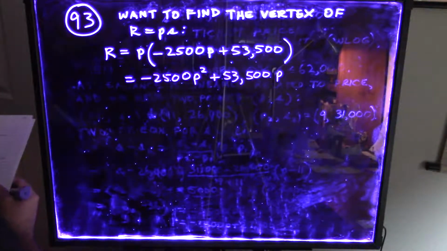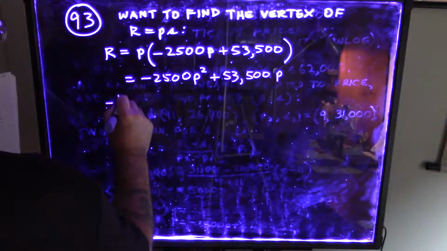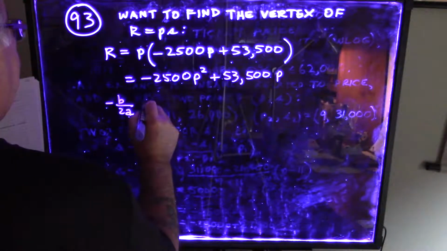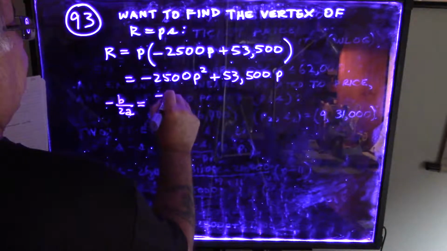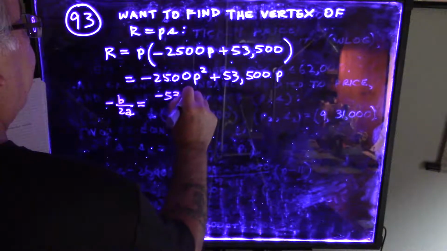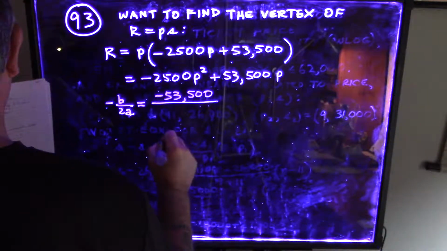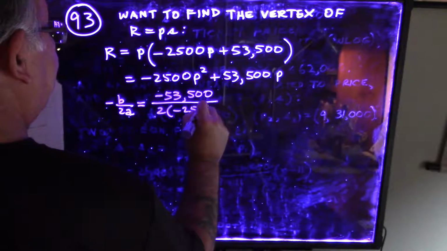All right. So negative b over 2a, I'll just use the formula for the vertex. Negative b over 2a is equal to negative 53,500 over 2 times negative 2,500.